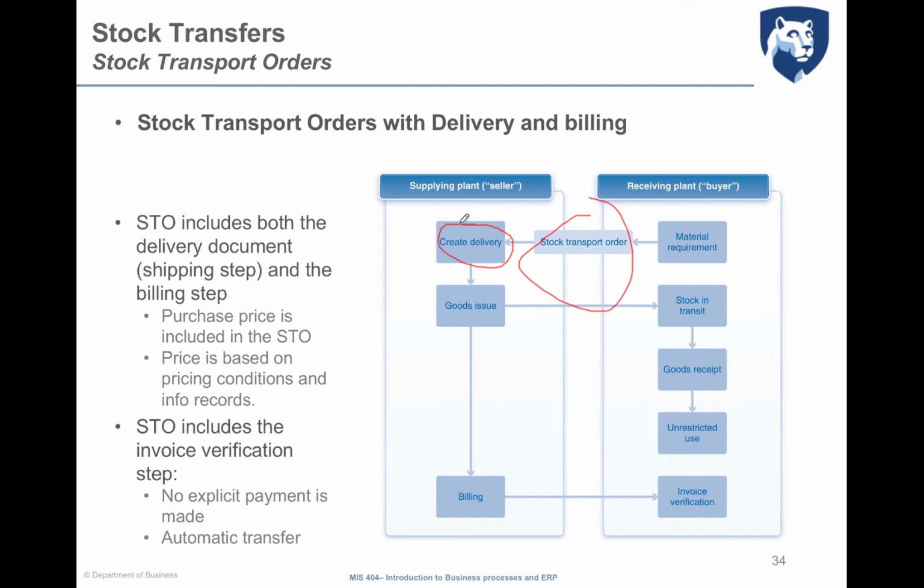Then when the company receives the materials at the receiving plant, again goods receipt is recorded against the stock transport order, and if all is okay, from stock in transit the materials are transformed into unrestricted use. However, there is also the administrative task in parallel.